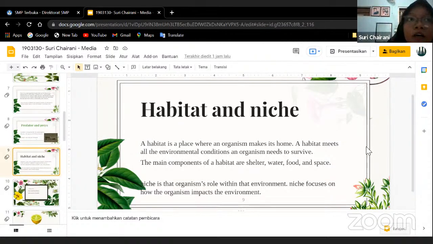For the basic objective, the material is to introduce and describe the interaction of living things and to analyze it. Students analyze by themselves in the worksheet.